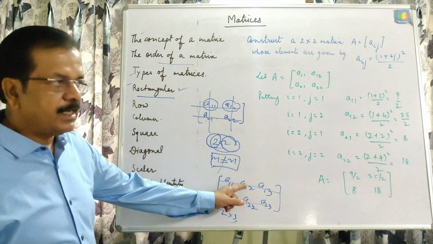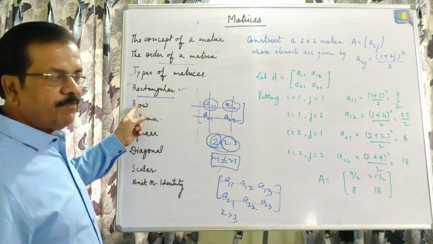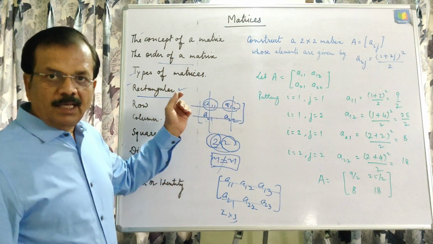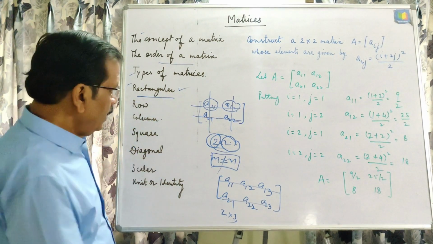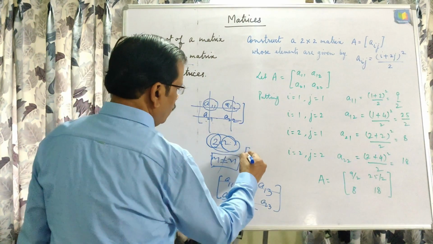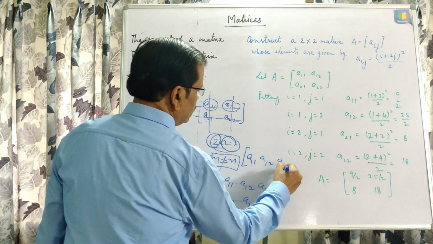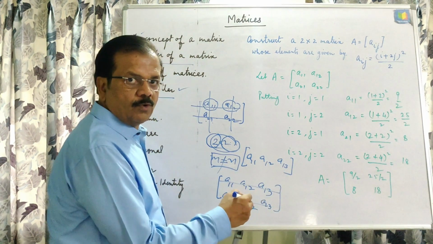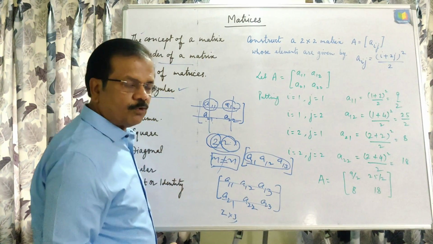This is a rectangular matrix, but this is a square matrix. In the same way, we can define a row matrix, in which we are getting a single row, say here A11, A12, A13, single row. This is in the form of a row, we call this a row matrix.